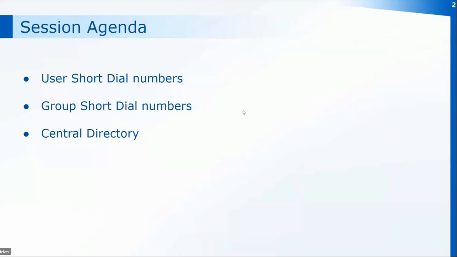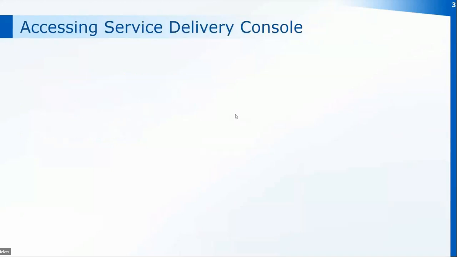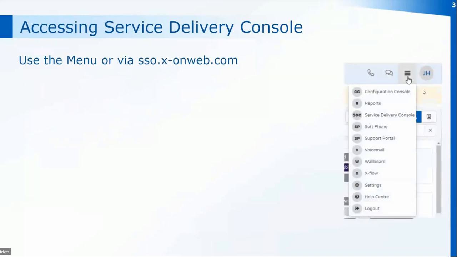We're going to look at the service delivery console first, and the user short dial numbers. To access the service delivery console, if you're in any of the other consoles, maybe the user console, you can use the menu at the top right-hand of the screen.